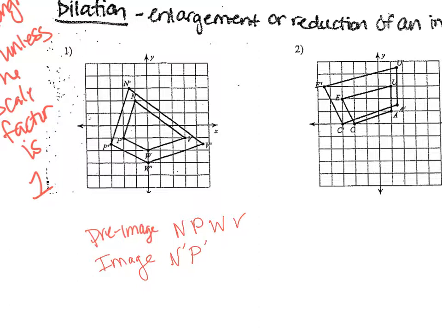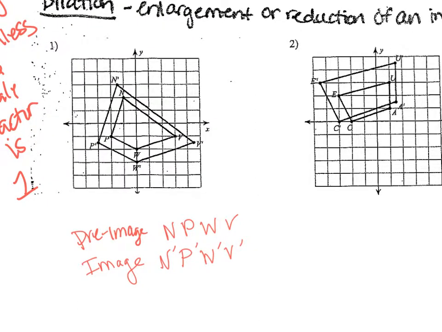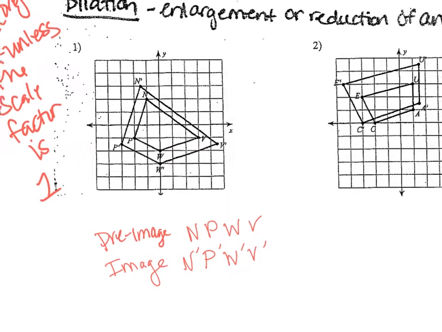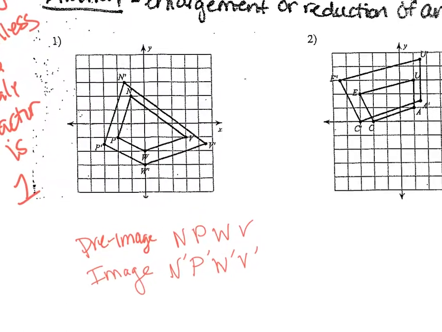N prime, P prime, W prime, V prime. That's what that little hash mark means. Just to let you know that that's the transformed shape. That's the image, not the pre-image, or the second shape.